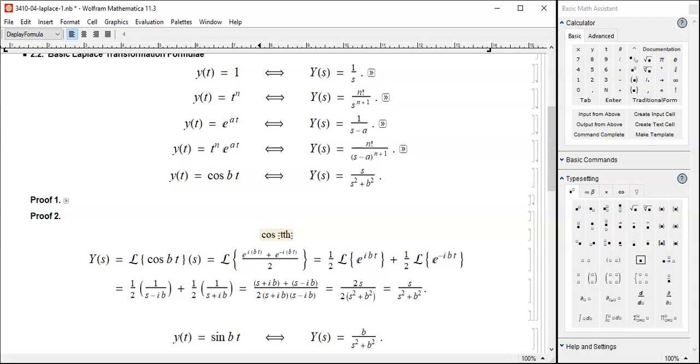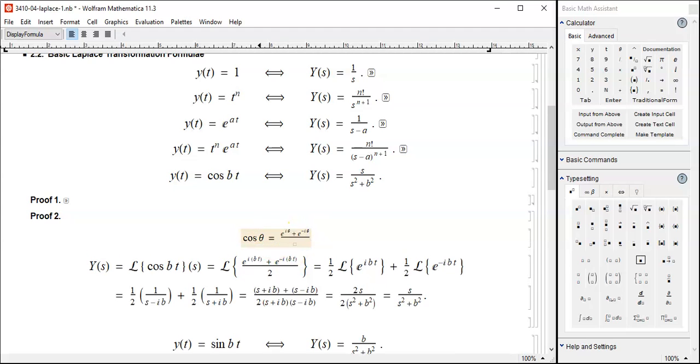Cosine of theta is equal to exponential of i theta plus exponential of negative i theta over 2. Let me expand the font a little bit further.